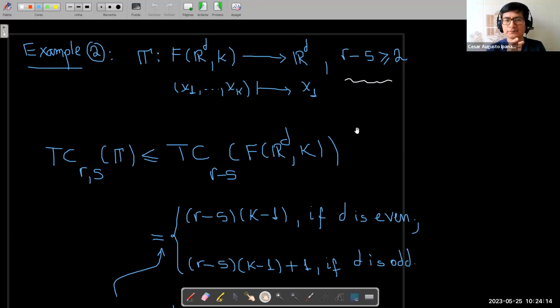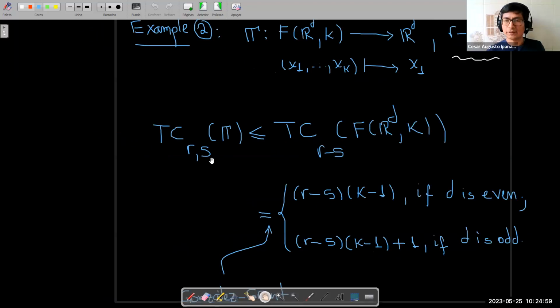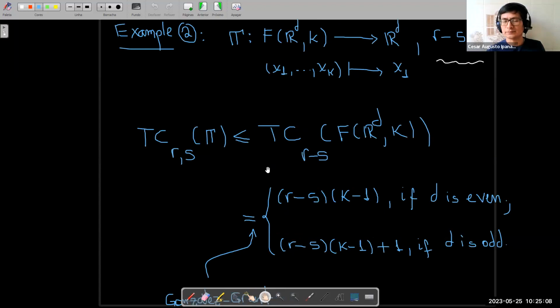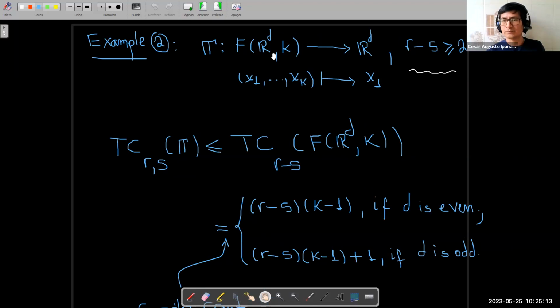Okay, and now here, in this situation for this fibration, this happens. It is easy to show that this happens for the open ball in the d-dimensional Euclidean space, but it is completely different when you consider the closed ball. Okay, for example, in the simple situation when s equals r and s equals r minus 1, all of them coincide and equal 1, for the Euclidean space and for the open d-dimensional ball.